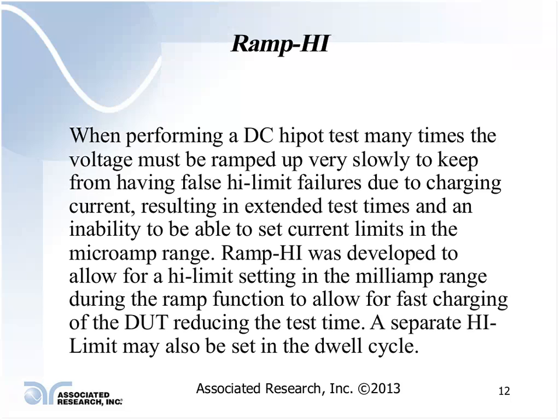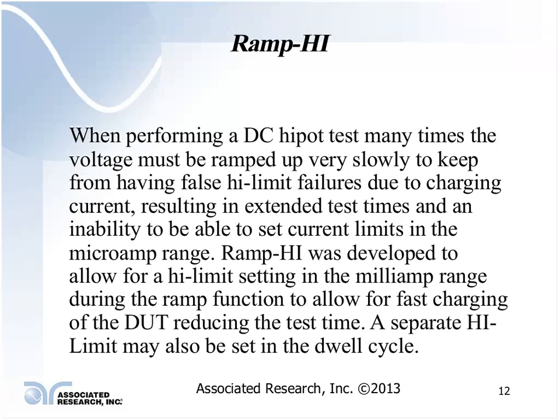And one way of getting around that is we developed this ramp high circuit that essentially turned off the high limit function or set it to the maximum capacity of the Hipot tester during the ramping function.